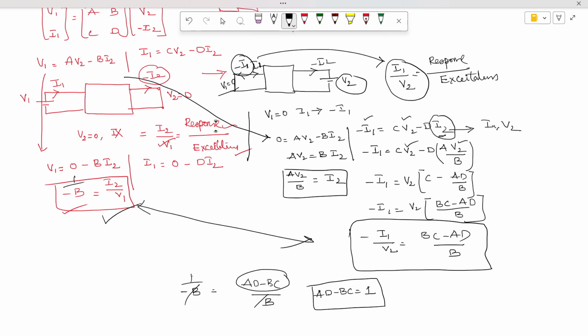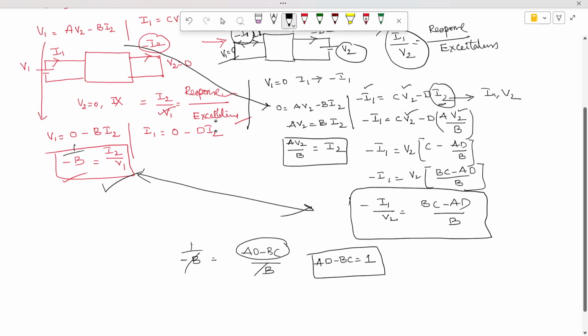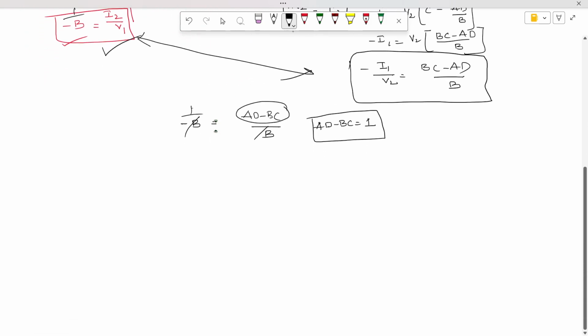So this is the resultant value we are going to get: AD minus BC is equal to 1. Now this is the condition for reciprocity in the case of ABCD parameters.